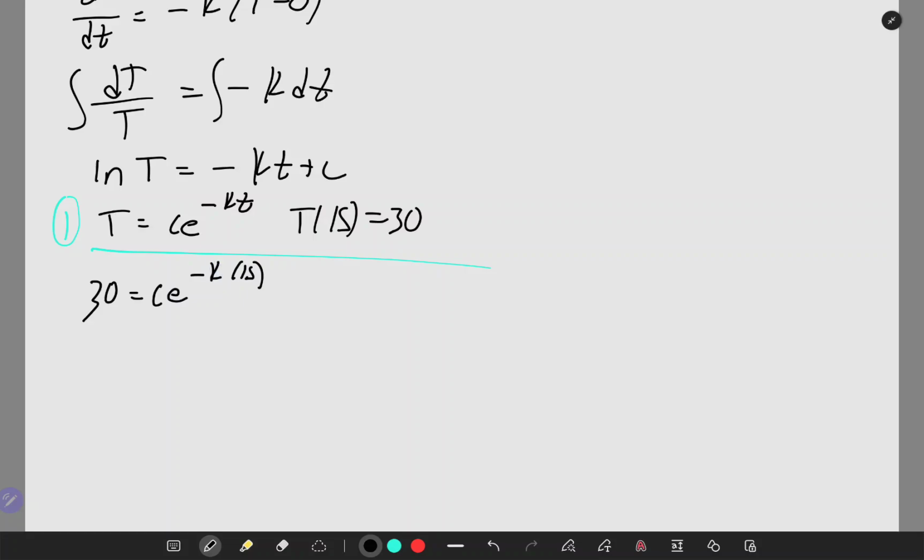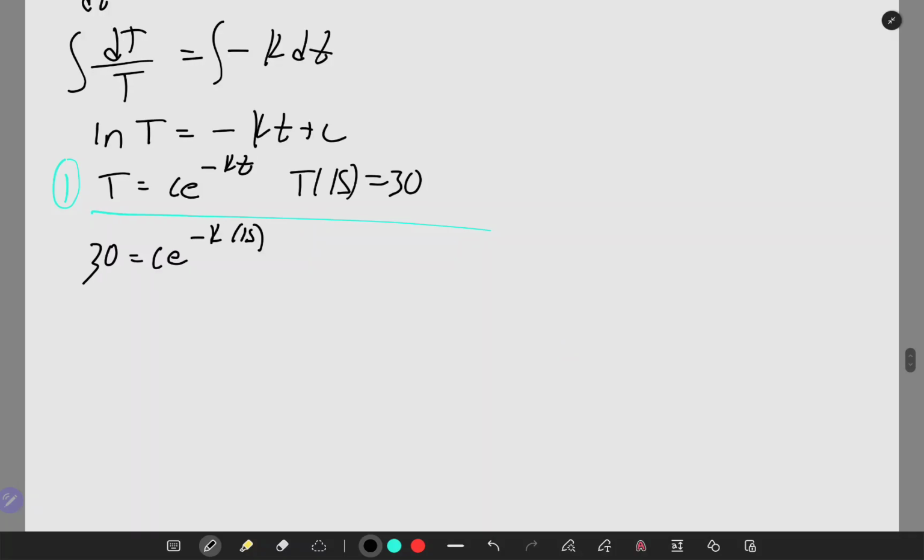I'm honestly not too sure about that. But just to be safe, think of it as you always solve for the constant that's out front first. So C is equal to 30 over e to the minus K times 15. Right? I think.